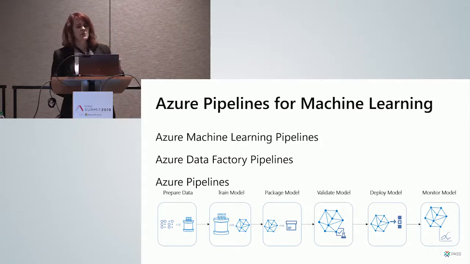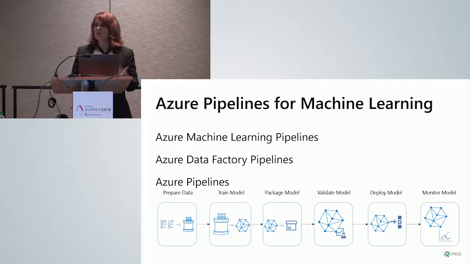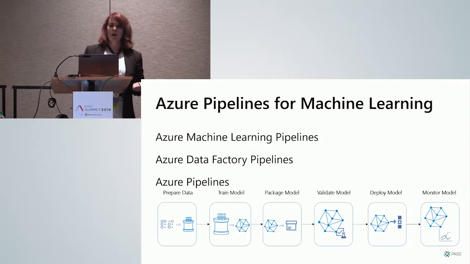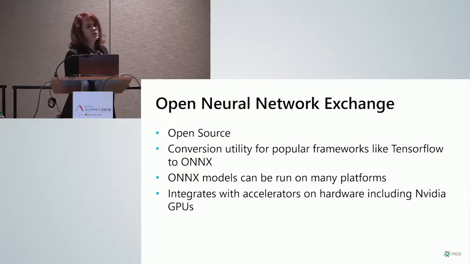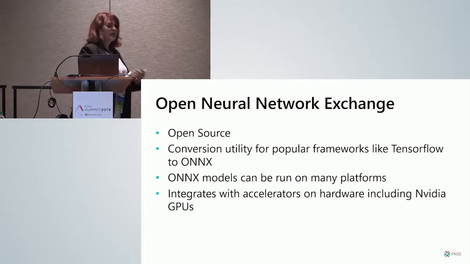So the way that these pipelines work and the way that Microsoft envisions that machine learning components will work in the future is using the Open Neural Network Exchange. The idea with this is it's an open source element that Microsoft has contributed to, and it allows you to encapsulate your code so that your code can run anywhere.